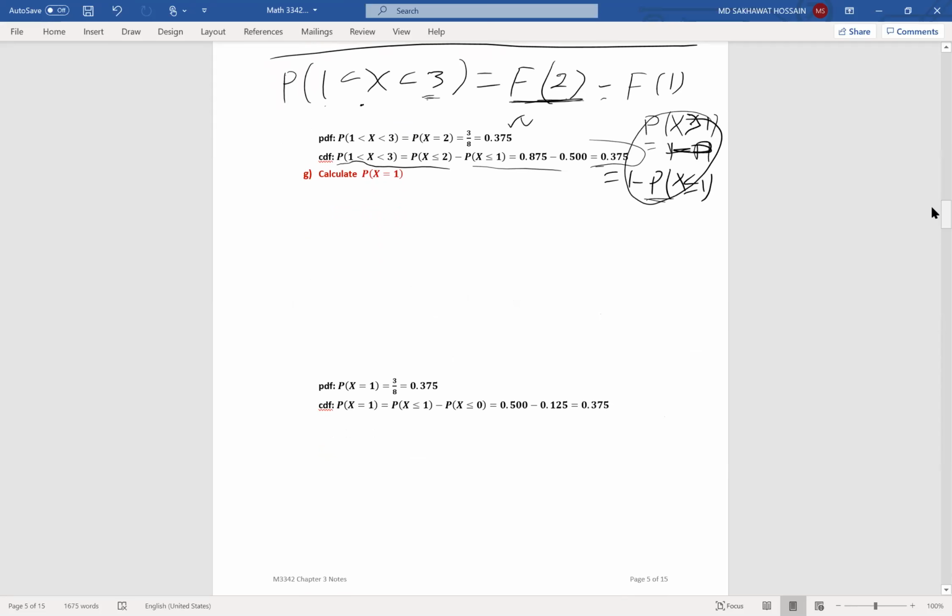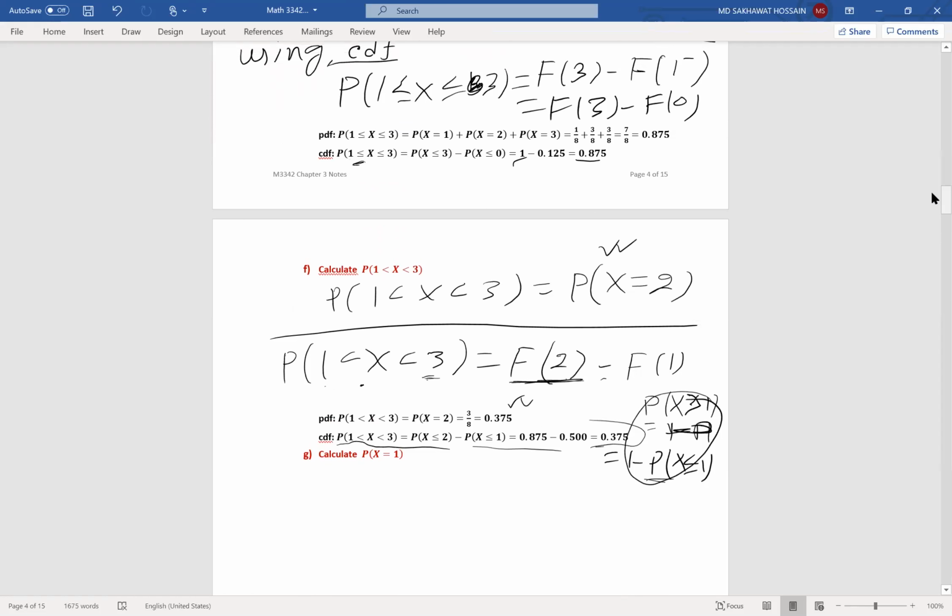So do you have any questions? For continuous probability, whether it is strictly less than or less than, strictly greater than or greater than, it doesn't matter. But for the discrete case, this notation is really important. So if you have any confusion, you can ask me, because this notation, especially less than or equal, greater than or equal, for a discrete case is really significant, it is meaningful.